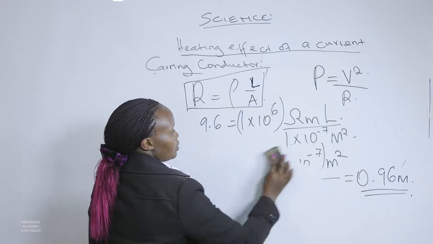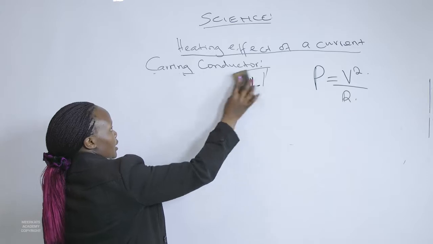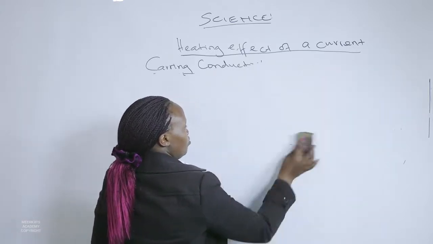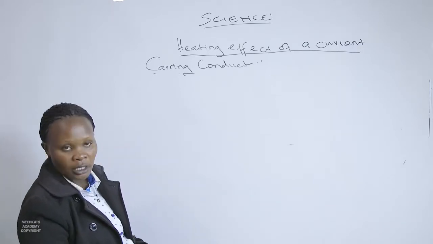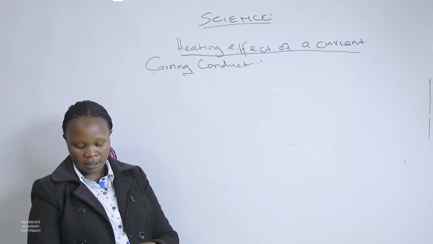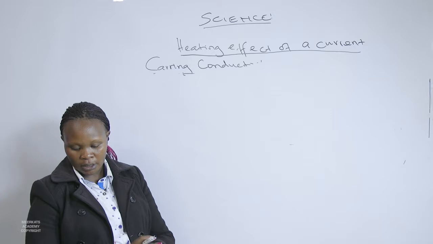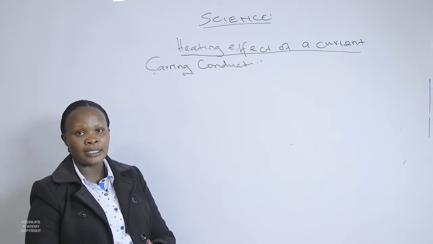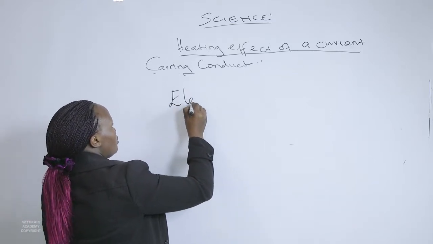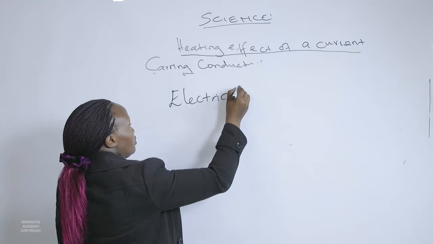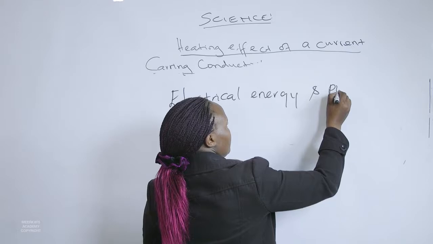Now, let us look at power and energy. We have already calculated the energy that is converted by this current carrying conductor into heat. Now we want to look at power. So, electrical energy and power.